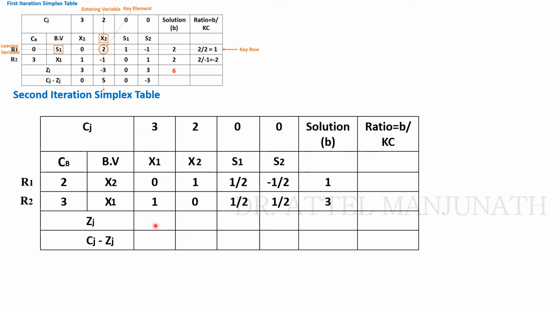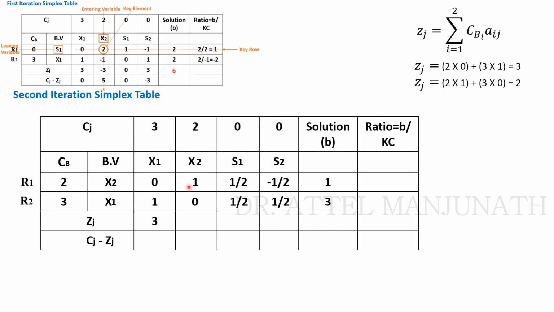Now calculate Zj, that is the summation of the products with the coefficient values here. This is the same formula we used in the first iteration and the first simplex table, the same table can be used. So now multiply 2 into 0 plus 3 into 1, you get 3. Similarly 2 into 1 plus 3 into 0, you get 2. Similarly 2 into 1 by 2 plus 3 into 1 by 2, you get 5 by 2 here.